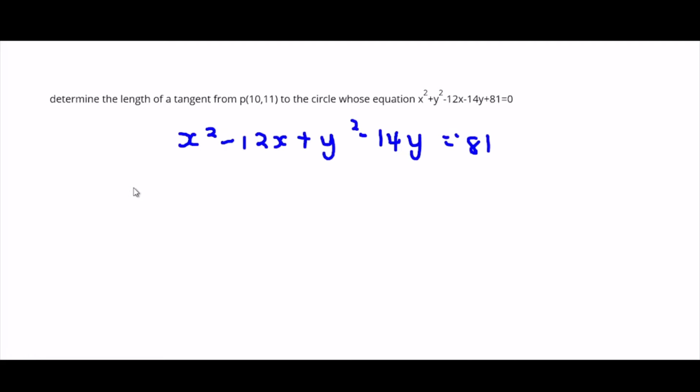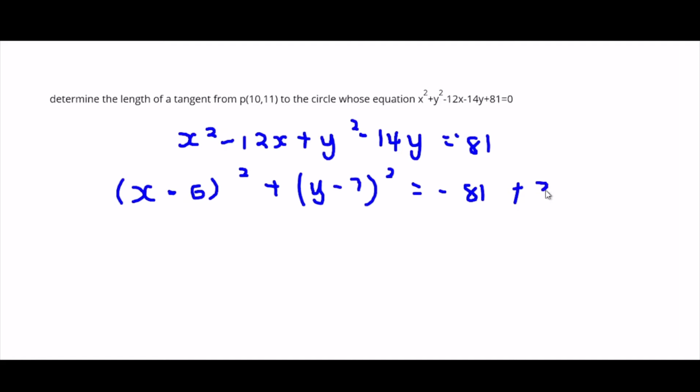So when you complete the squares, (x - 6) squared plus (y - 7) squared equals negative 81 plus 6 squared, which is 36, plus 7 squared, which is 49.